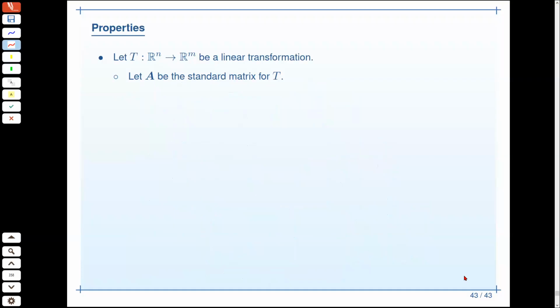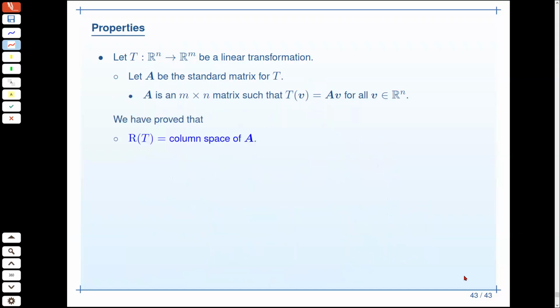Let A be the standard matrix for T, an n by n matrix, so that T(v) equals Av. This is our definition. We already verified that the range of T is the column space of A, and consequently they have the same rank. And the kernel of T is the null space of A, and thus they have the same nullity, the dimension.